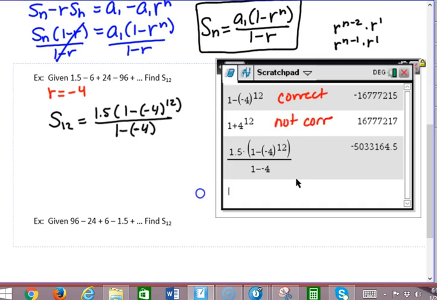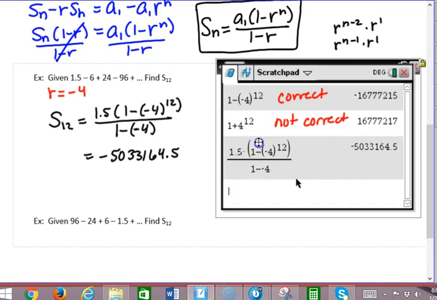Okay, so you want to go ahead and leave the parentheses and type it in exactly as written. So this turns out to be a negative number, negative 5033164.5. If you were to do it using this method, you would have ended up with a different answer. Okay, so different answer. You'd end up with a large positive number instead of a large negative number.